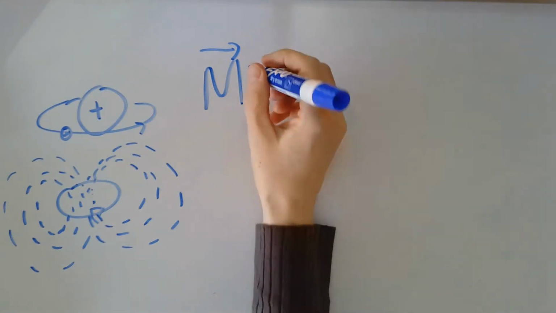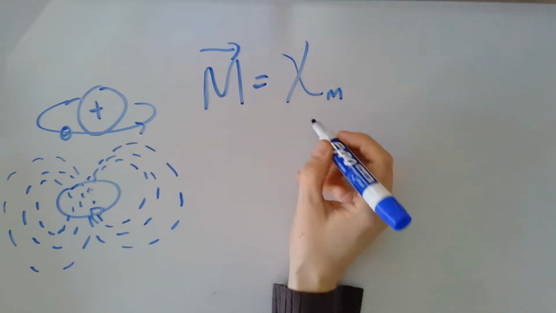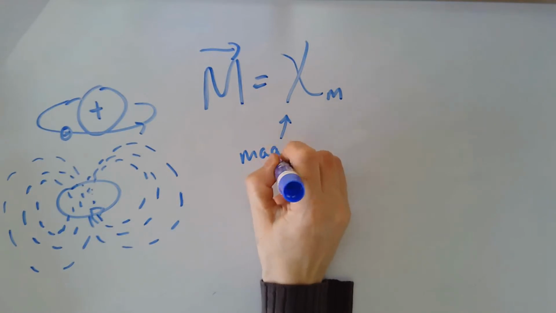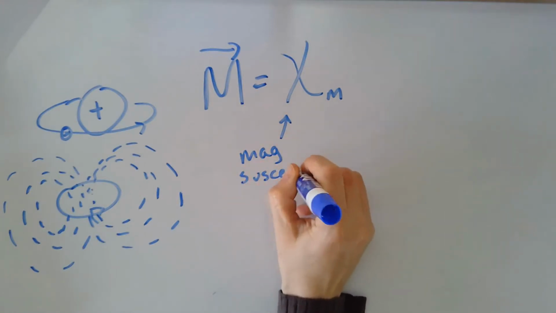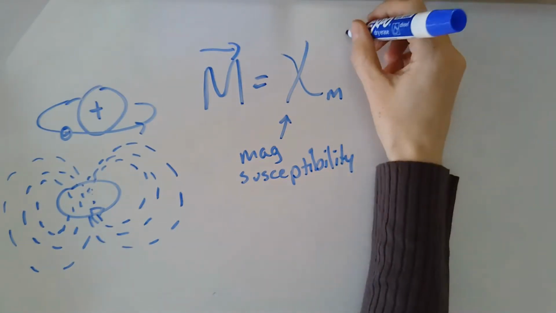So this magnetization vector is equal to chi m, the magnetic susceptibility, times the magnetic field.